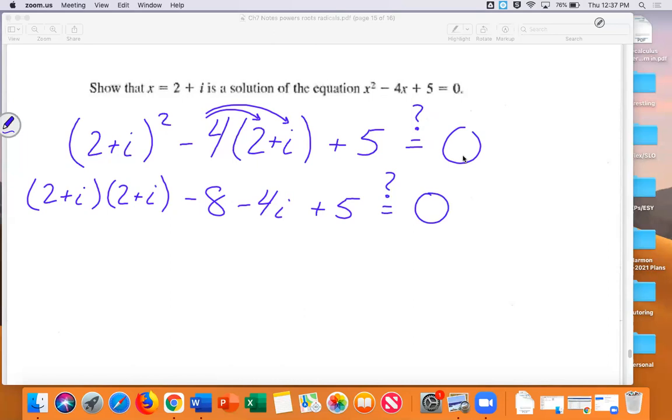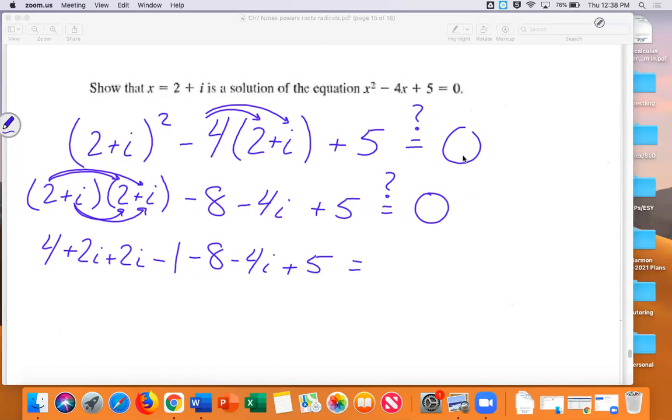Not to a point yet where I can say it definitely equals 0. 2 times 2 is 4. 2 times i is 2i. i times 2 is 2i. i times i is i squared, or negative 1. Minus 8 minus 4i plus 5 equals 0. Still asking.